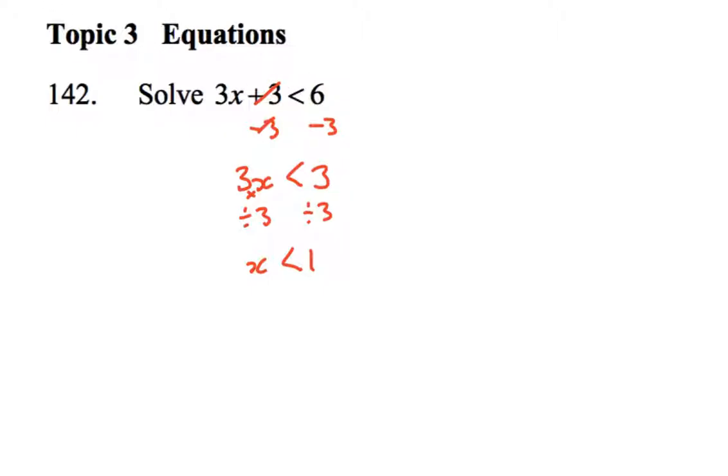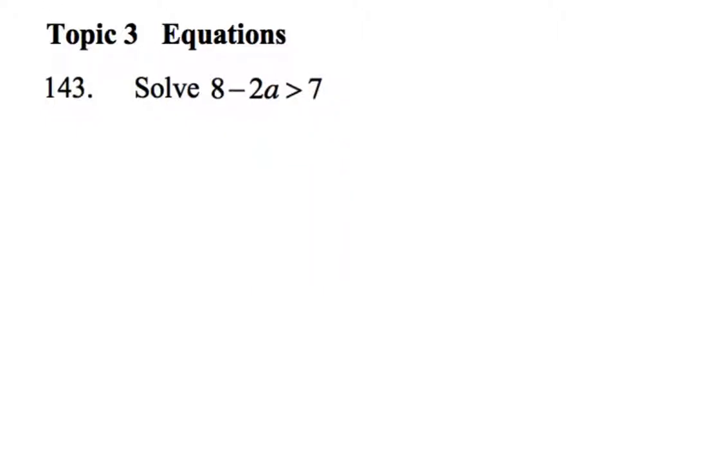Nothing much happened there. Here though, something interesting happens. According to a special rule that we have for inequations, we want to move the numbers away from the letter. Let's start off with this one here. This is a positive 8 at the moment, so if we want to move that, we're going to have to minus 8 both sides. Now that minus belongs to the 2a, so we'll make sure we keep it belonging to the 2a.